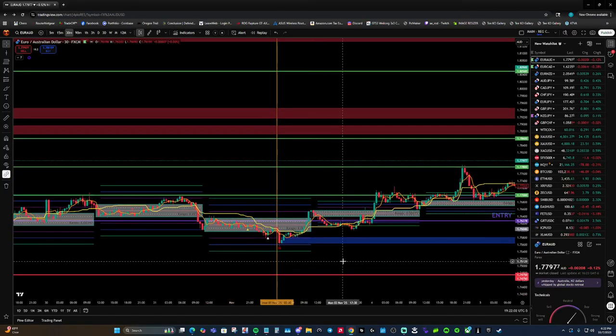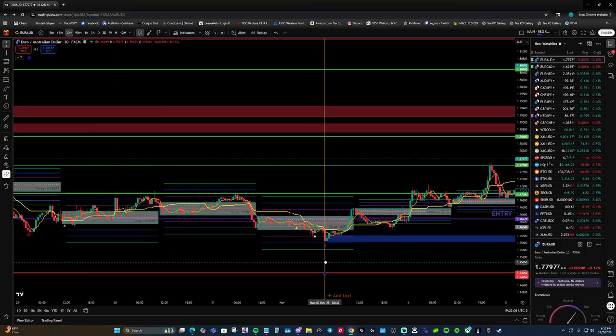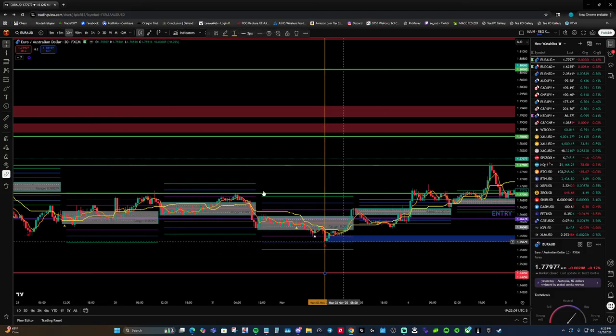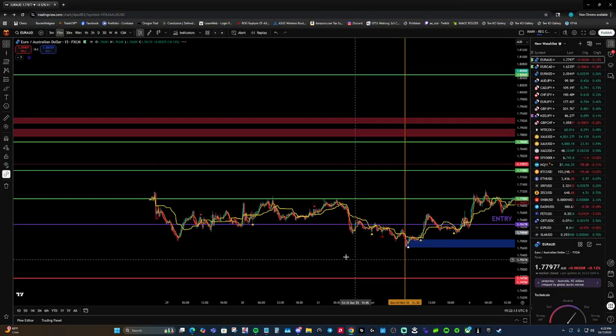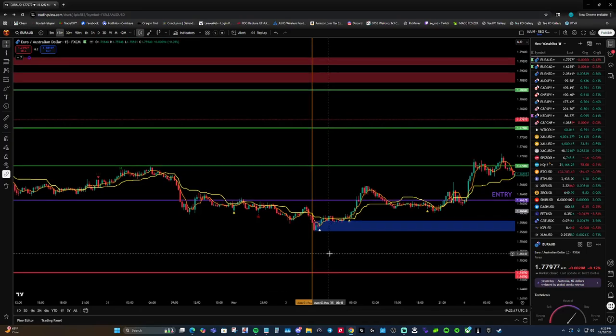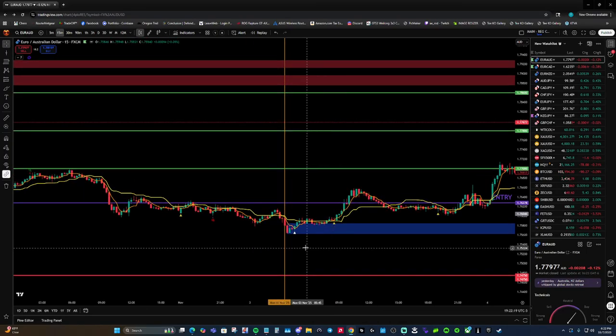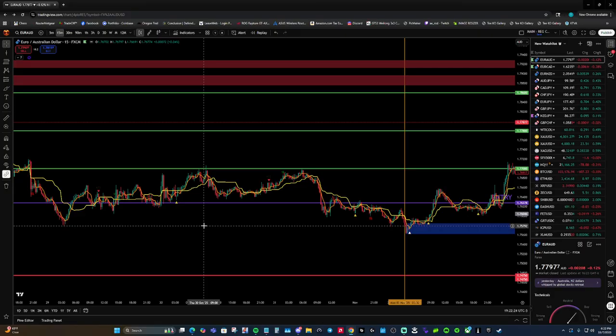So that's what we marked up. Again, these lows got swept right here. So we're looking at this candle right there. And this is the 30. We're not going to go any lower than the 15-minute. If we don't see anything on the 15-minute, then you just wait and see. You can wait for more confirmation. You can use EMAs or trend lines or whatever you want to do. But everybody has their own way of doing it.